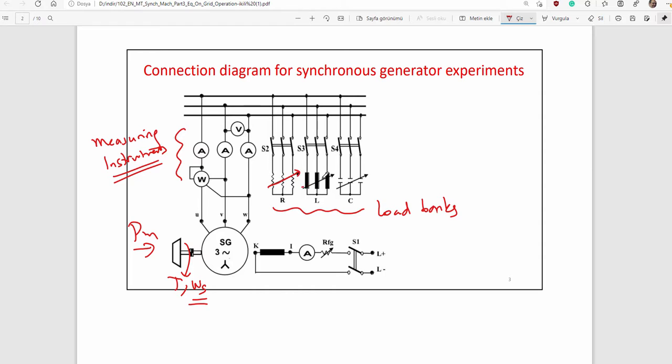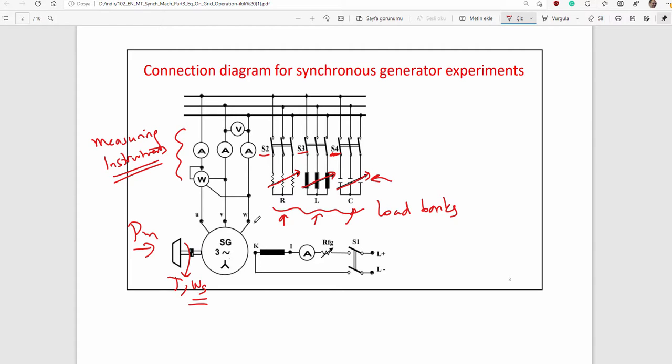By having these circuit breakers or switches, you can choose related loads. For example, if you want to apply some capacitive load, just switch S4.